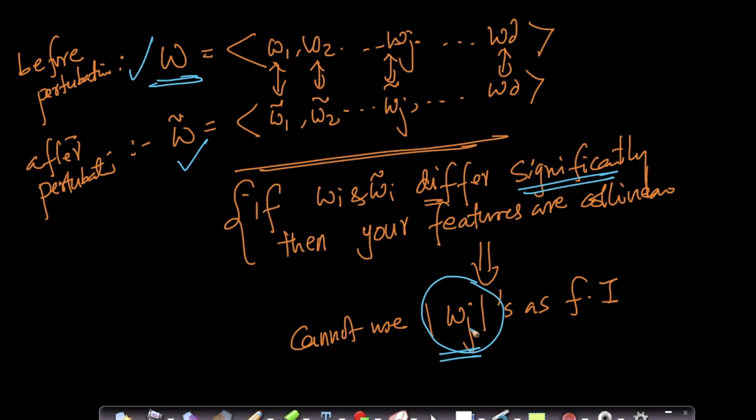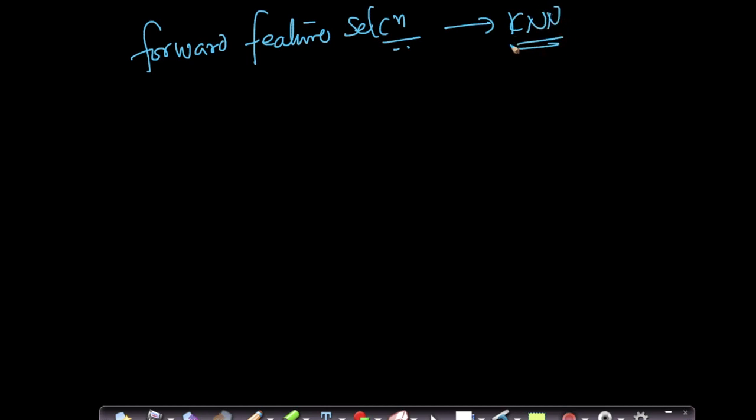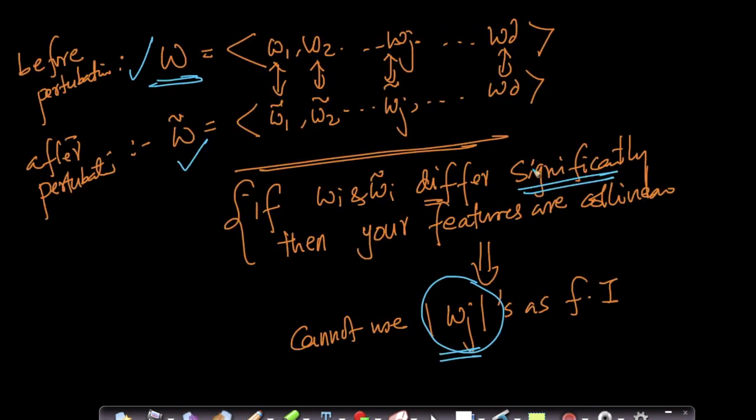And when you can't use Wj's, we always have our forward feature selection technique, right? This can be used for any model. This is what we learned when we learned k-nearest neighbor to understand feature importance. But if you don't have the problem of collinearity, then you can directly use the weights corresponding to each feature as feature importance.